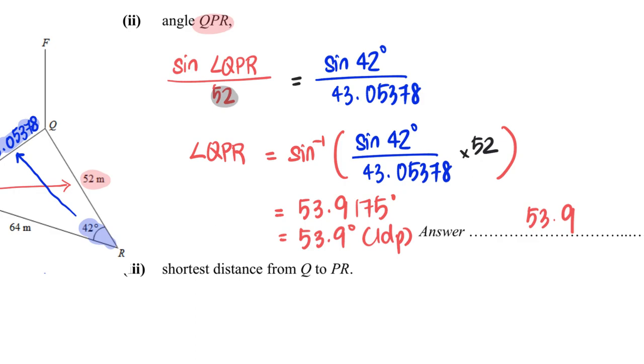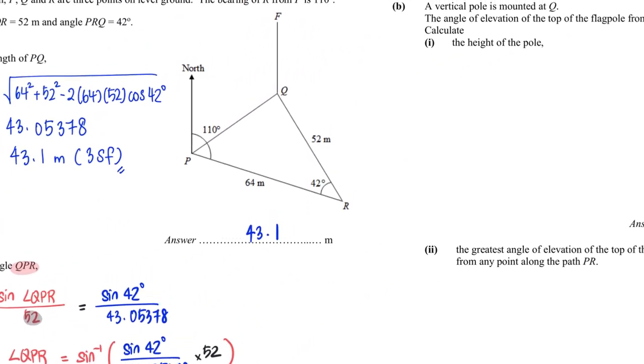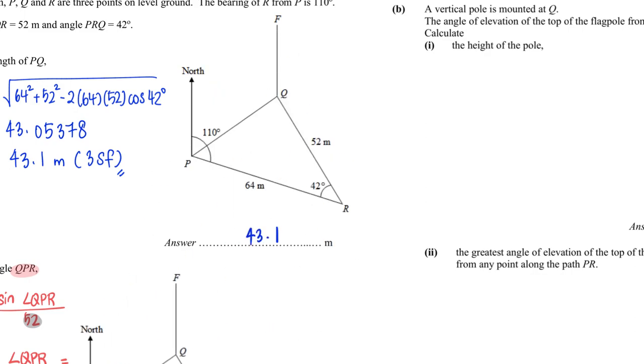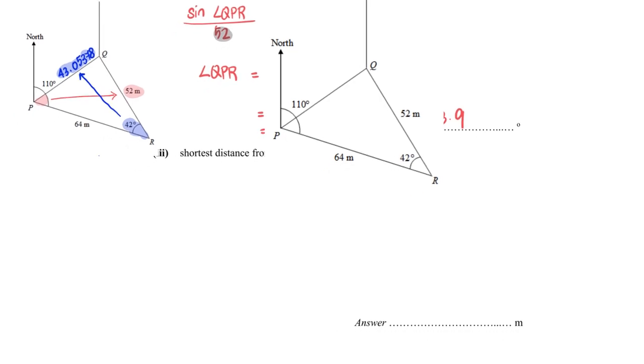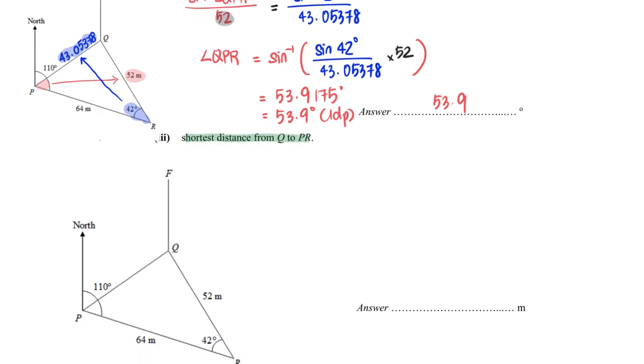Next, we are required to find the shortest distance of Q to PR. Again, in order to make sure that our diagram is easier for us to see, I'm going to pull out this diagram down here. And what is this shortest distance that we are talking about?